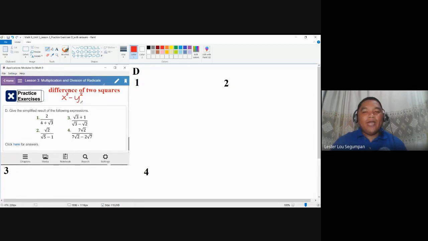Okay, if we have difference of two squares, we can actually factor them out. The factors are two binomials, which are x minus y and x plus y.